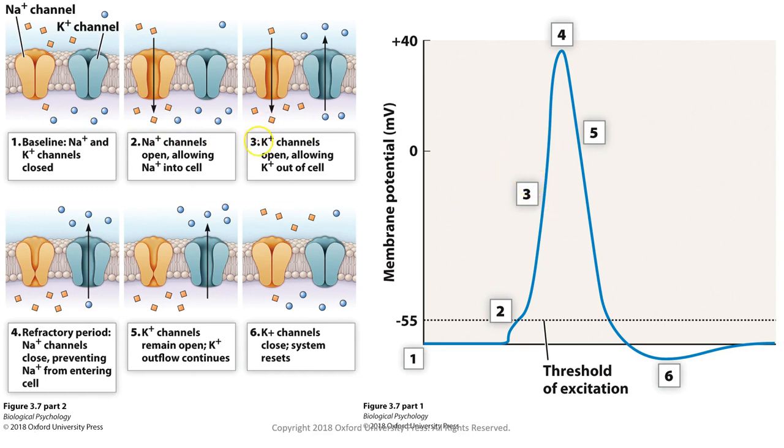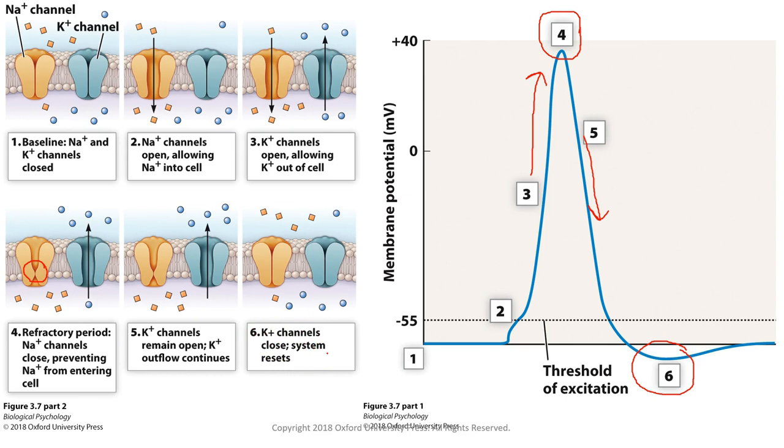Around 0 millivolts, voltage-gated potassium channels open, but the amount of sodium entering the cell cannot be counteracted by the minimal potassium leaving the cell, so the membrane potential continues to rise until the voltage-gated sodium channels close and enter refractory period, preventing sodium from entering the cell. At this point, potassium continues to leave the cell, making the inside more negative. And right around the dip past the resting membrane potential, the potassium channels close and the system resets.